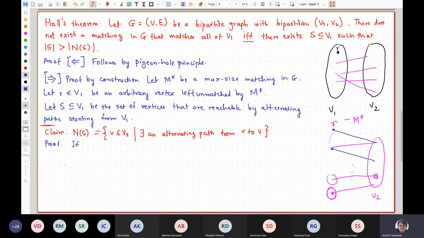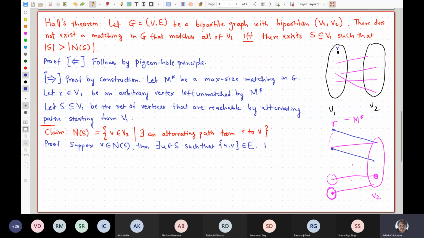Suppose V is in NS, then what happens? Then there exists some U in S such that UV is an edge.